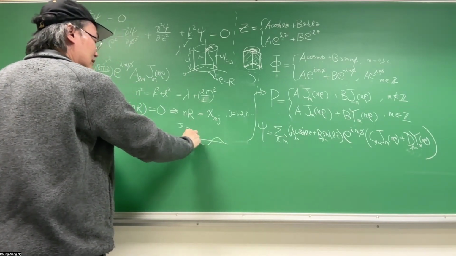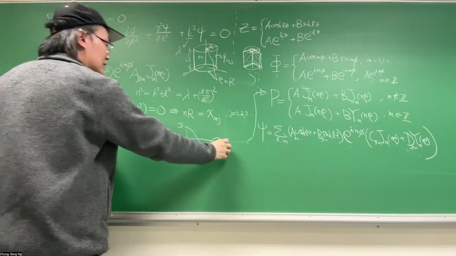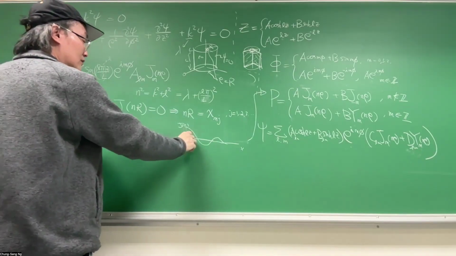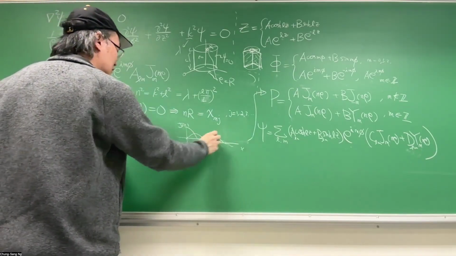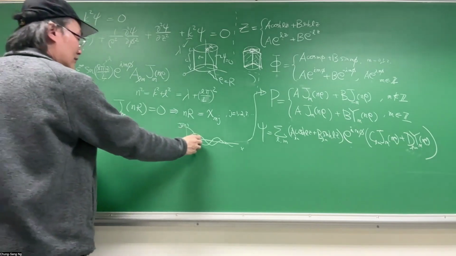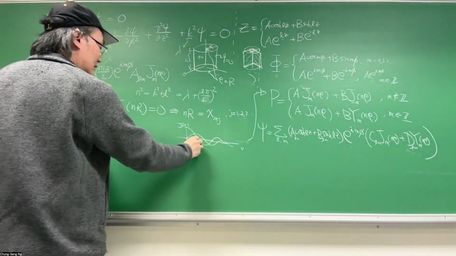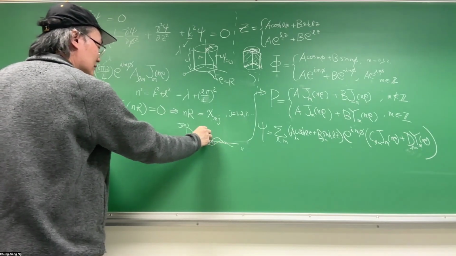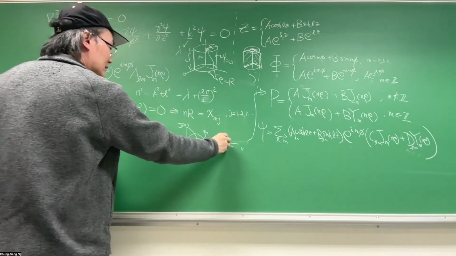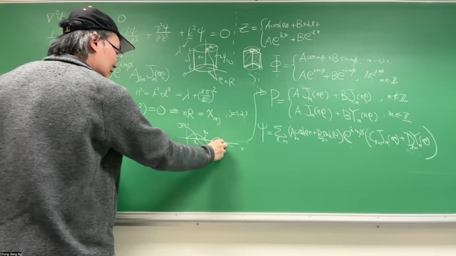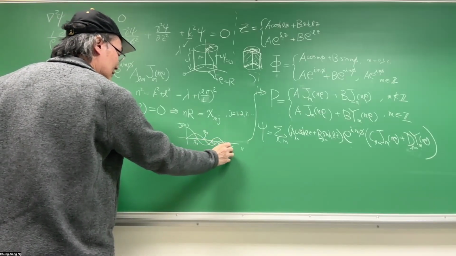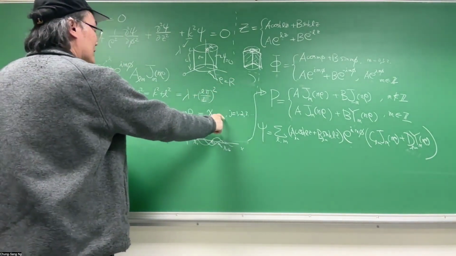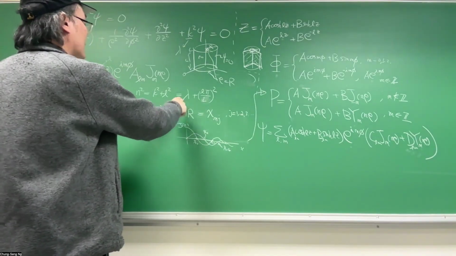J1 starts from 0. J1 at x, the argument x, is 0. You just count wherever it goes to 0. You count this is x01, x02, and this is x11, x12, and so on. And there will be infinitely many of them.